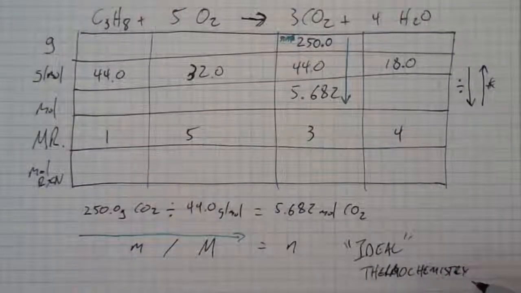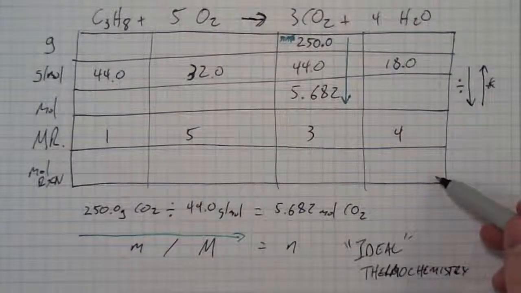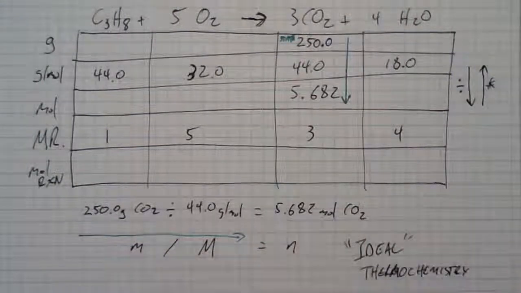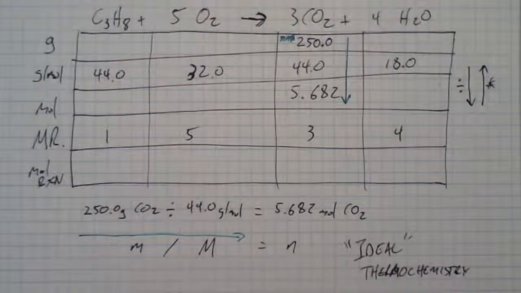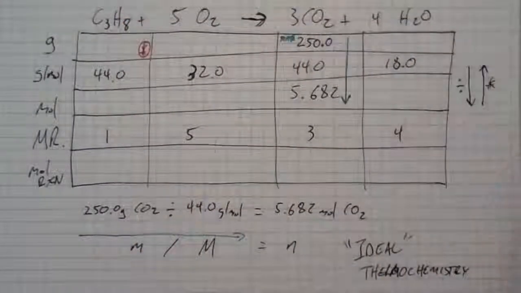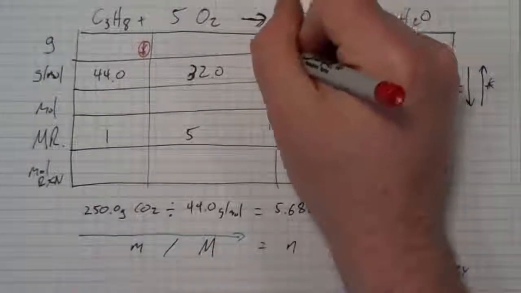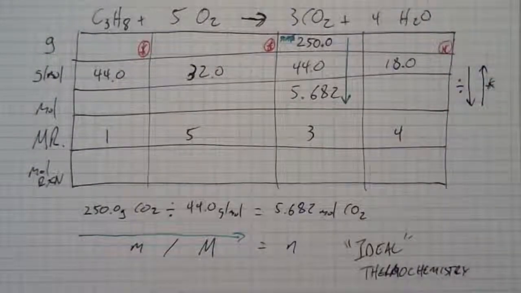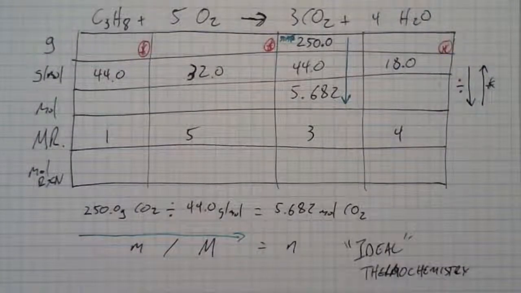When you get into thermo, that's another place where this really shines and becomes really important. And last but not least, I find this nice and easy to read through everything really quickly, especially in a problem like this where we're asked for 3 different answers: how many grams of propane were used, how many grams of oxygen were used, and how many grams of water were produced. This will let me find those 3 things all at once.